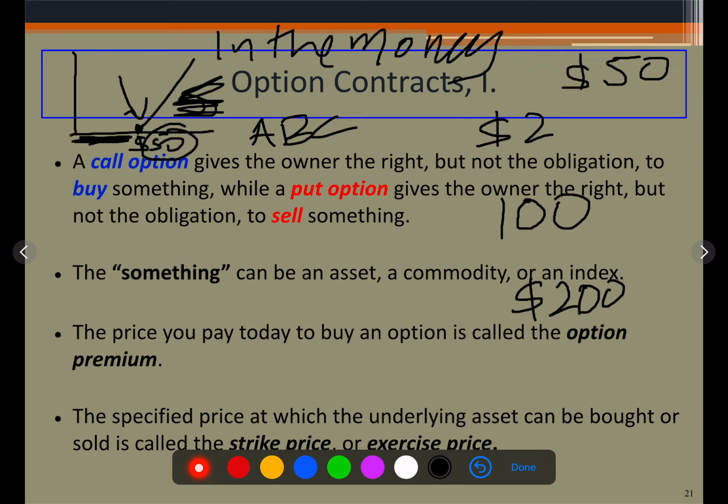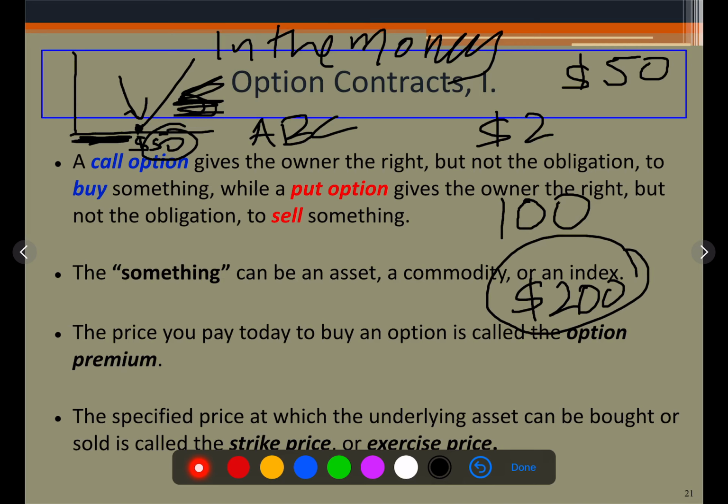And this premium is basically the incentive to the call option seller to come up and offer such a contract. But again, depending on the market situation, it is the right of the call option buyer whether to exercise the contract or not.